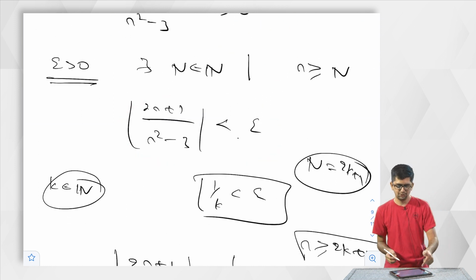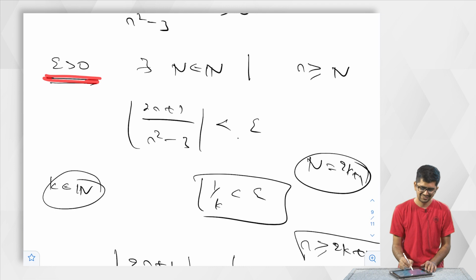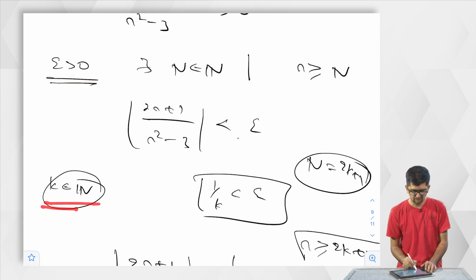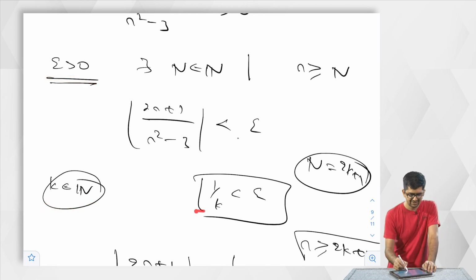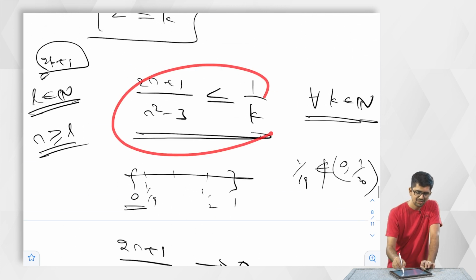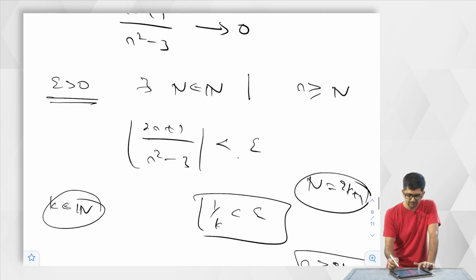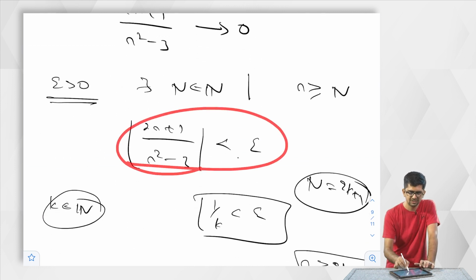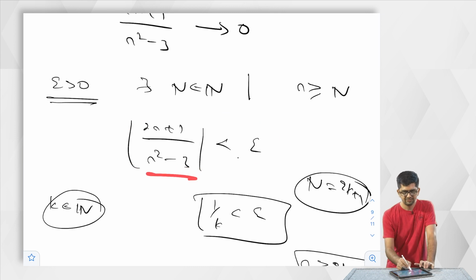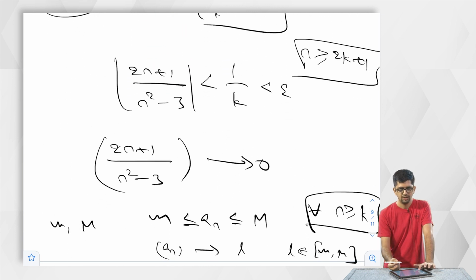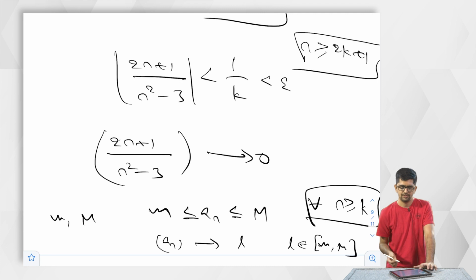This took only 2 steps. Given epsilon positive, we already have a k belonging to the naturals such that 1/k is less than epsilon, but this 1/k we have seen here. 1/k is an upper bound for this sequence except the first 2 elements, and so we have this situation. So this sequence converges to 0, and that is all.